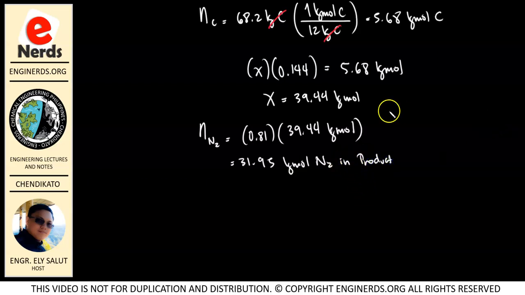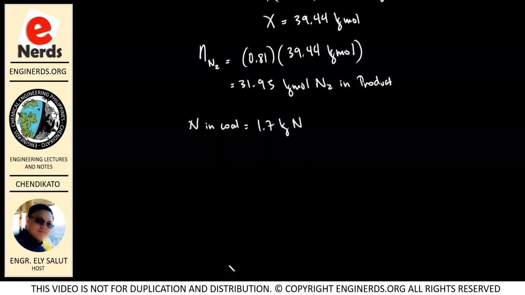Now, gaano karaming N2 meron tayo sa coal? Okay? So, ang sabi natin, ang nitrogen natin sa coal is equal to 1.7 kilogram. Diba? So, in order to get yung number of moles ng N2 sa coal, we have 1.7 kilogram nitrogen.